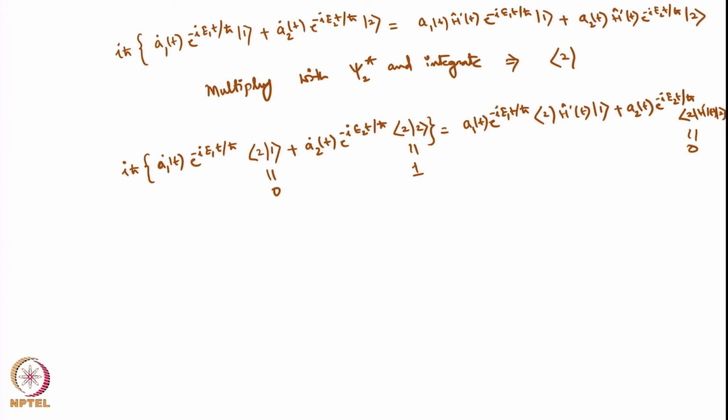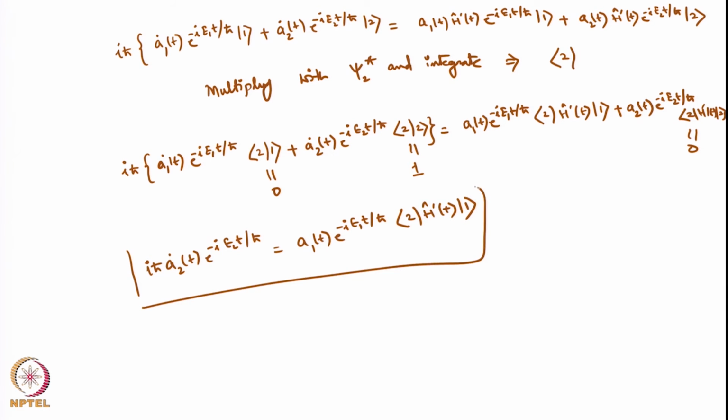After this we can rewrite this equation as i h bar A2 dot t e to the power of minus i E2 t by h bar should be equal to A1 t e to the power of minus i E1 t by h bar <2|h prime of t|1>. Okay, this is the second equation.